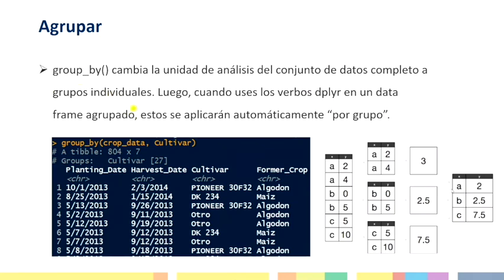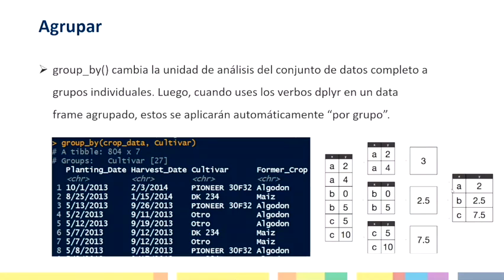When I have a data set that's grouped, the analysis unit of the other functions of the dplyr package and many others are going to interpret this set of data as if there were different data that are grouped in the same point, but they're different.